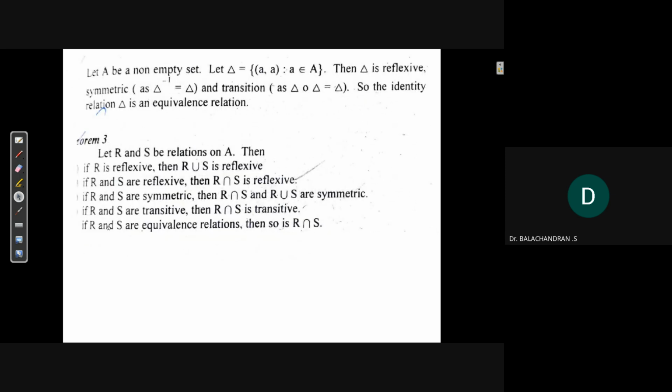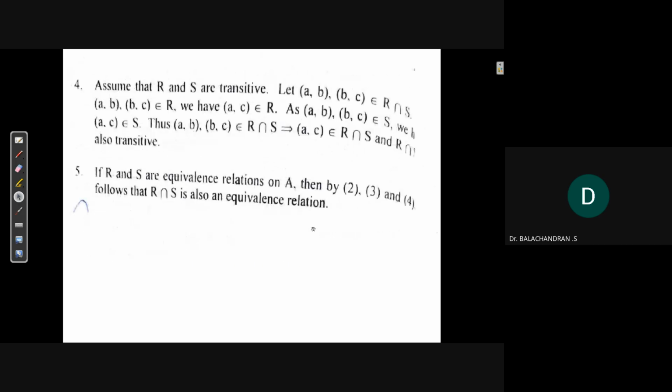So the fifth one: if R and S are equivalence relations, then R intersection S is also an equivalence relation. Because we already proved it, by 2, 3, 4.